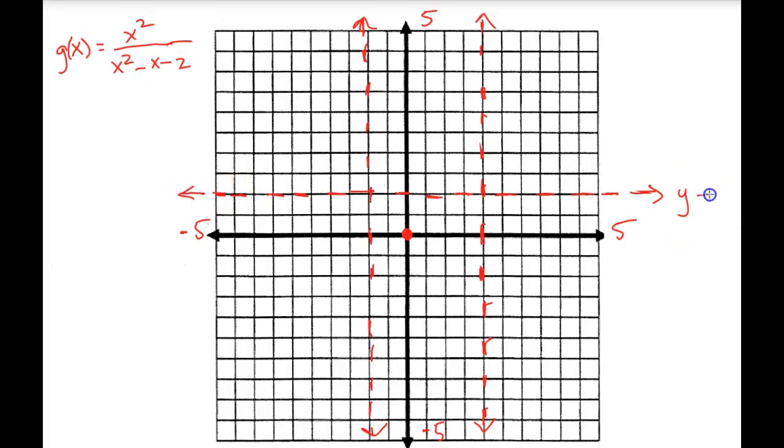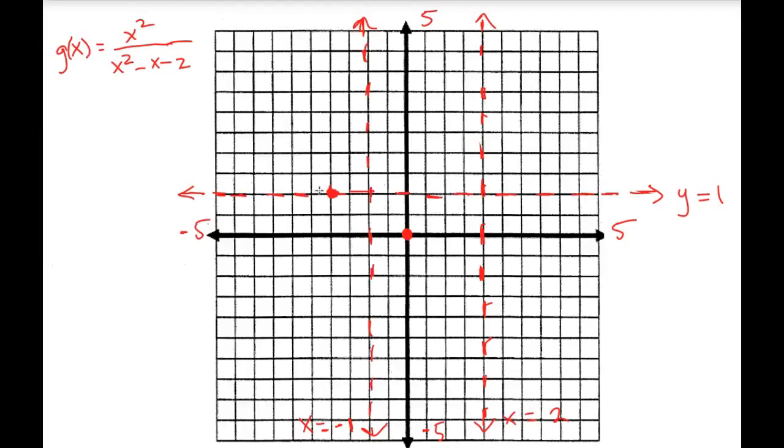And this will be x equals 2. And this is x equals -1. And the last two things that we need to note is we know that at the point -2, 1, our function actually crosses the horizontal asymptote. So that would be about right here, crosses.